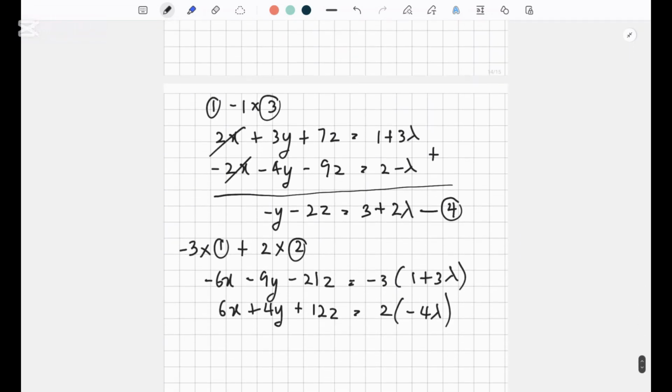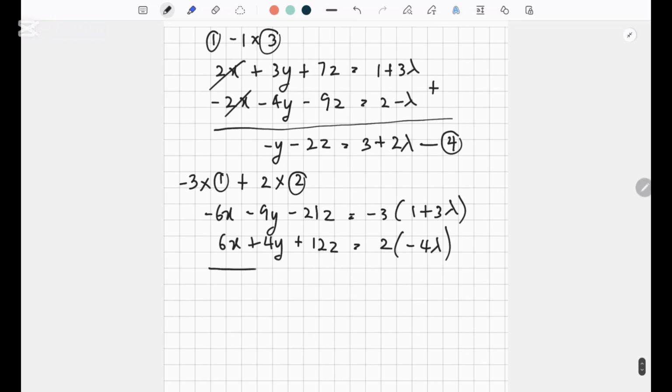Yeah. So now you add these two together. You can cancel off the x terms, and then you get minus 5y minus 9z equals minus 3 minus 9 lambda minus 8 lambda.